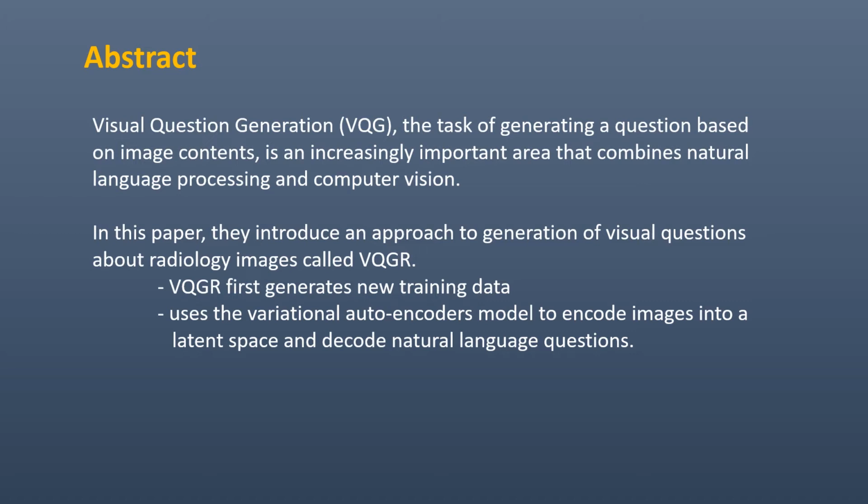VQGR first generates new training data from the existing examples based on contextual and word embeddings and image augmentation techniques. Then it uses a variational autoencoder model to encode the image into a latent space and decode natural language questions.